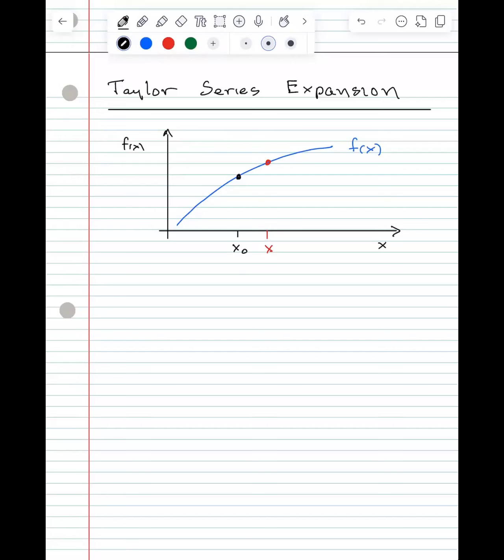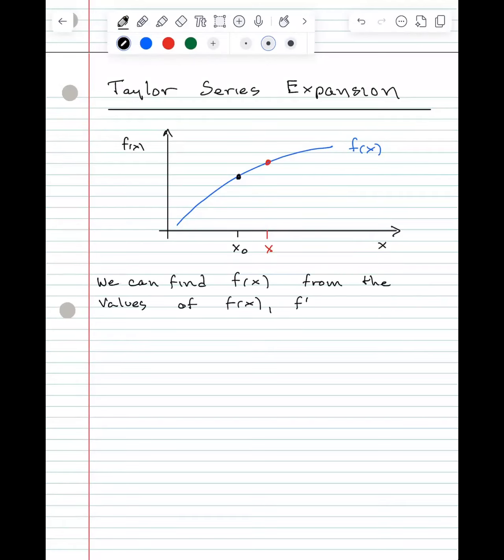So we can find the value of f at position x from the values of f of x and all of its derivatives.